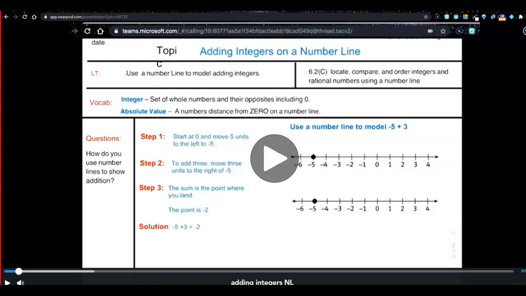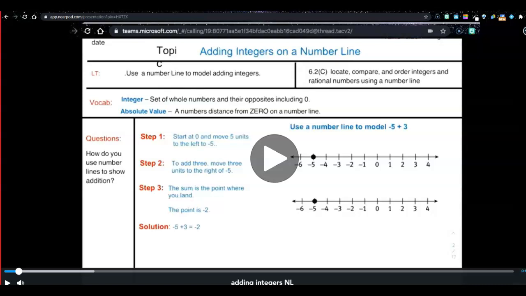All right, so if we were going to use the method we did last week with our, what do they call those little counter things, positive and negative, I would have 5 negatives, 1, 2, 3, 4, 5 negatives, and I would have 3 positives. Okay, so that represents the numbers. And I can make 0 pairs.